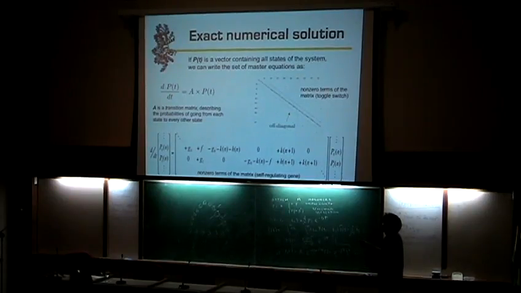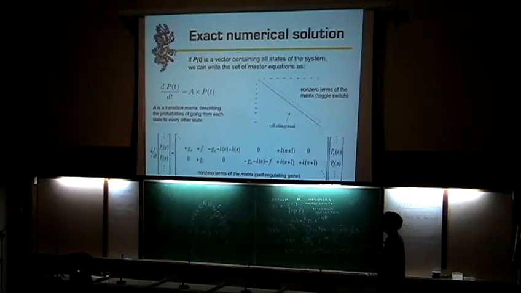And we write our set of master equations in this matrix form over here. So the d/dt of this vector containing all the states is going to be what we call a transition matrix acting on the same vector, okay? That's just the same description of the problem.